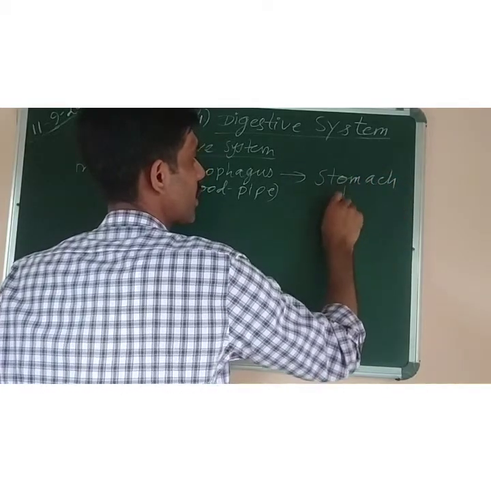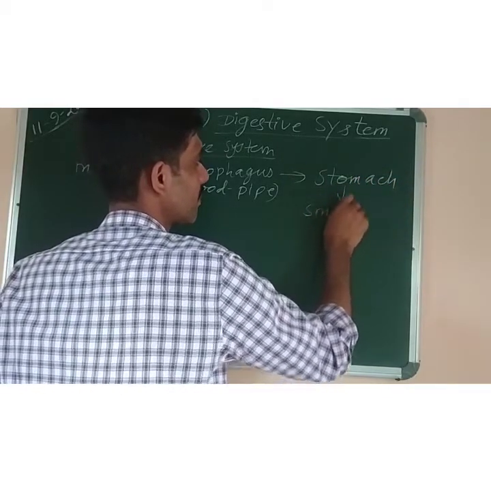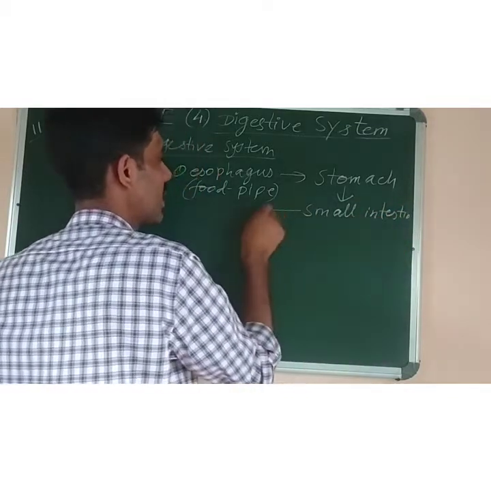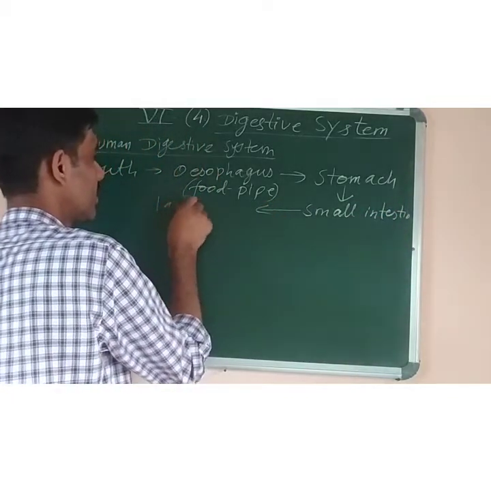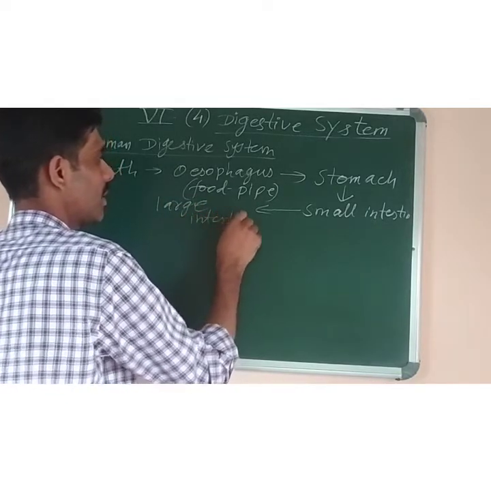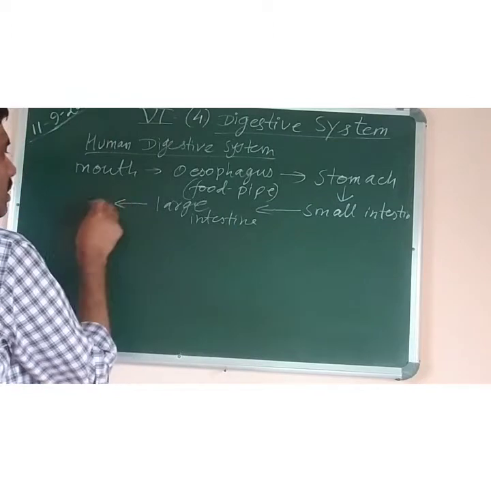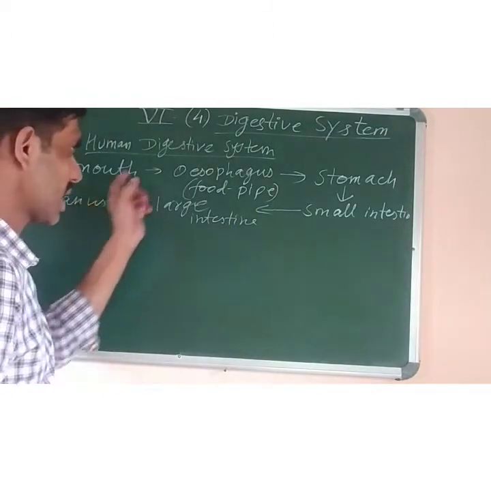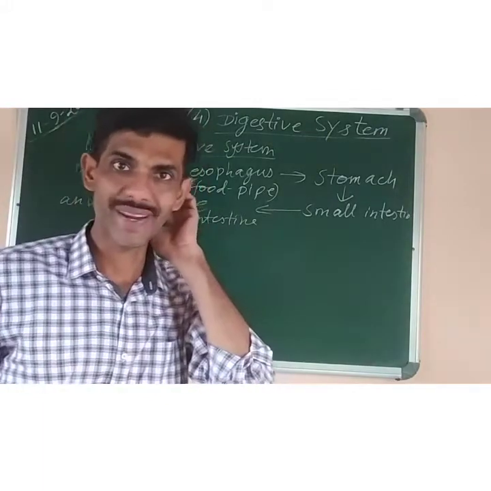Then from the stomach it passes into the small intestine. After that it passes into the large intestine, and from there it is thrown outside the body through the anus. So this is a complete schematic diagram of the human digestive system.